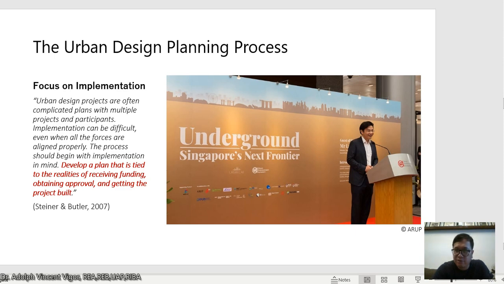Okay. So the reality, guys, is that you need funding for the project to progress, and you also need approval from the major stakeholders up to the agencies which are handling the permits for the project. Of course, getting the project built.